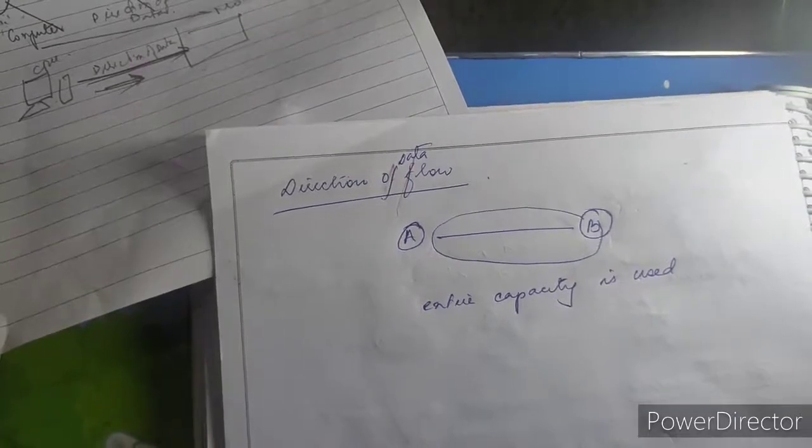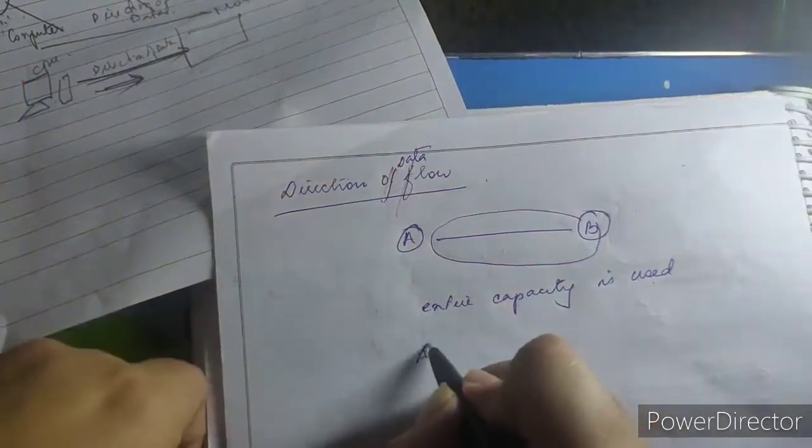In half duplex mode, both the stations, or you can say both the communicating devices, can transmit as well as receive, but not at the same time. So when one device is sending, the other has to receive the data, and vice versa. An example is the walkie-talkie. And another point is the entire capacity of a channel is used by one of the two stations that is transmitting the data.